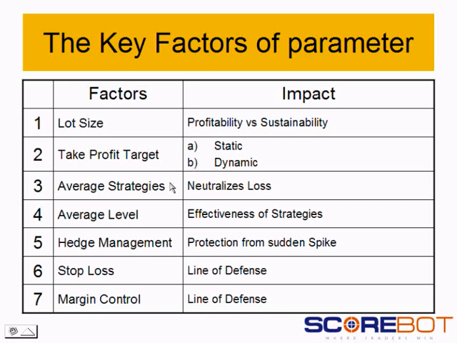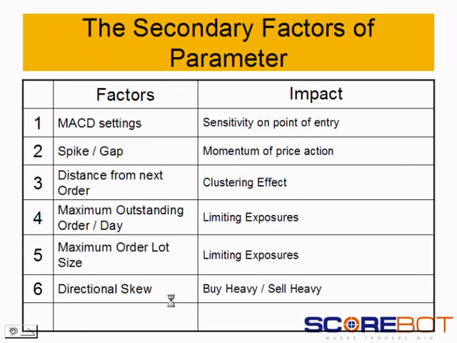And we have strategies, we call it average strategies, that neutralizes your loss. Average level, how effective you want this strategy to work. Hedge management, stop loss, and margin control. And this table lists down the secondary factors of our parameter, the indicator setting, and some of the other terminologies that will be explained in further detail in subsequent videos.